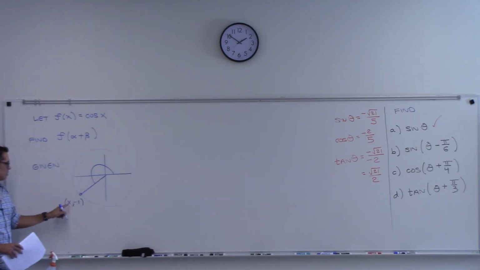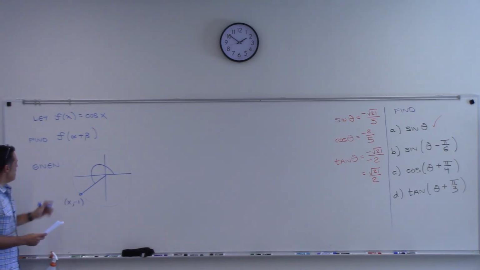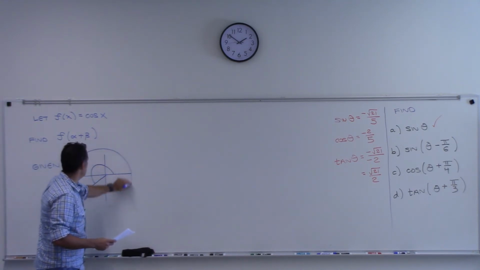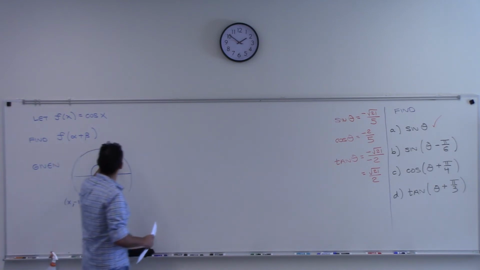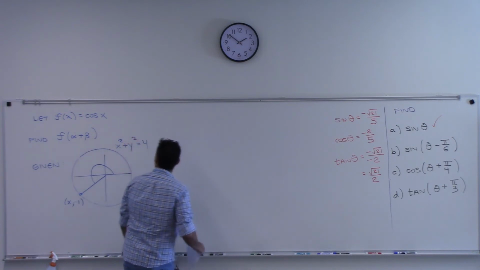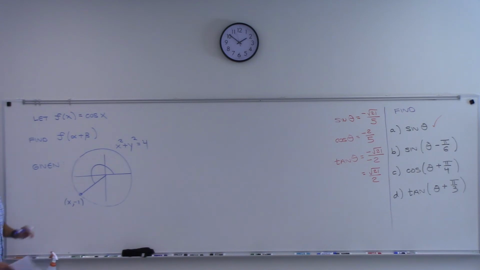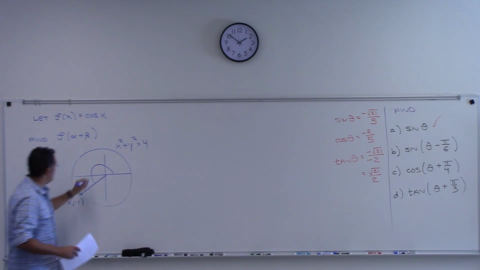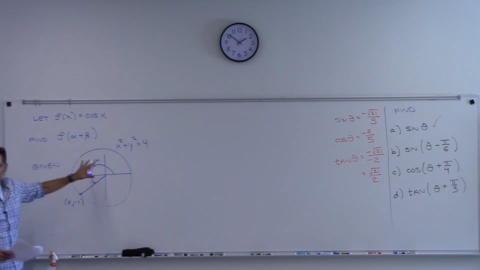Okay, I'm giving you the x coordinate. You don't know what it is. The y coordinate is -1. You see the circle I just drew? I'm going to give you the equation of that circle. X squared plus y squared equals 4. That's the equation of that circle. Oh, and I need to label that. That's alpha. This is the angle alpha. Draw it, and then I'm going to draw the other one.